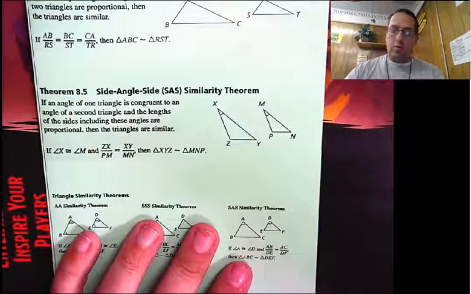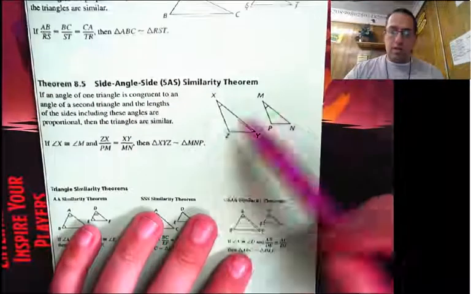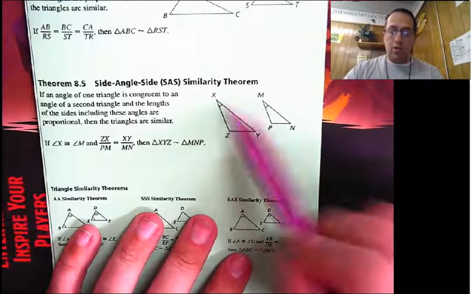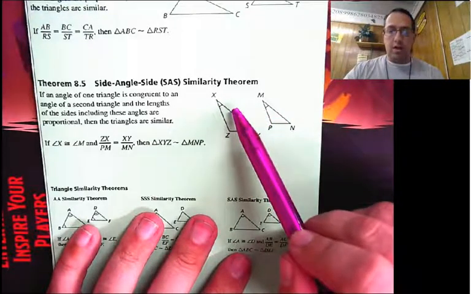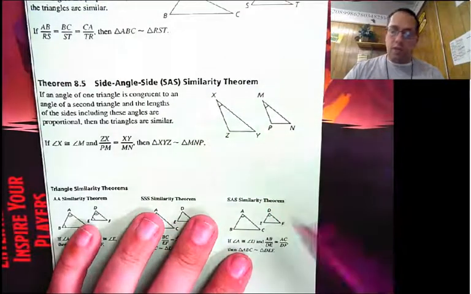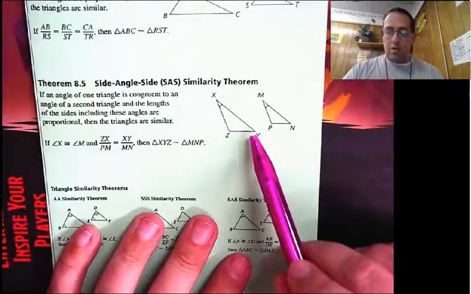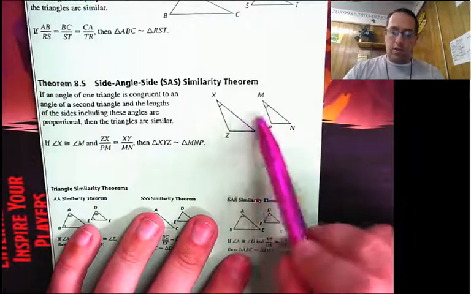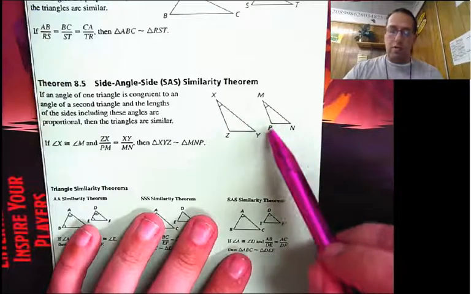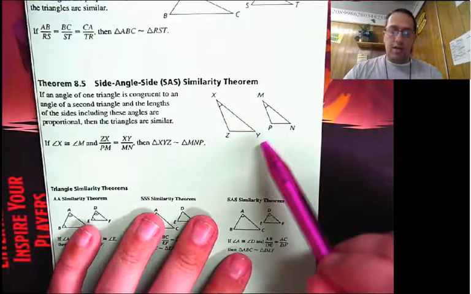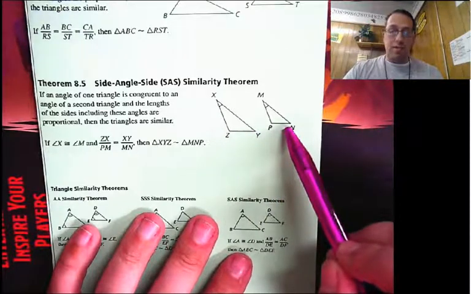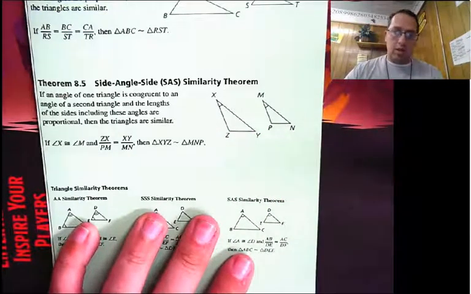And so that's what this is. I know two sides are proportional, and I know the angle in between those two sides are congruent, then the triangles are going to be similar. This does not work if I knew this angle down here. If I knew these two sides here, if I knew XZ and XY were proportional to MP and MN, but then I got this angle down here that was not in between them, this is side-angle, which doesn't work.